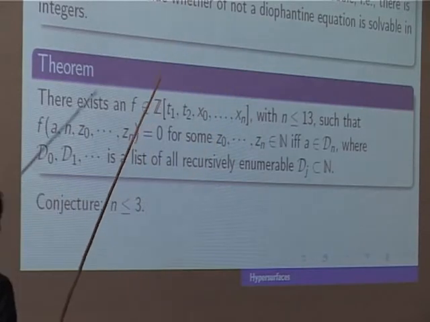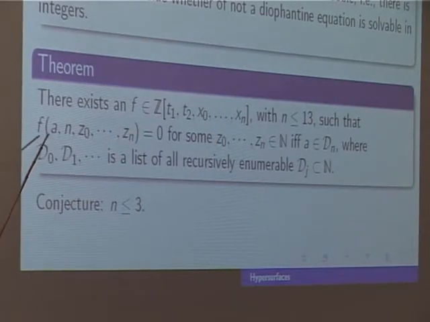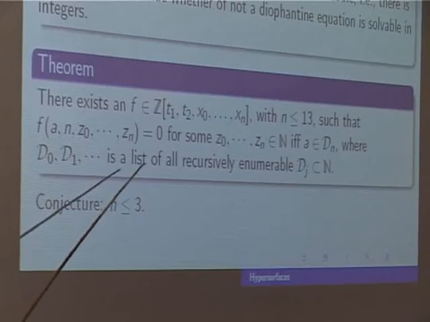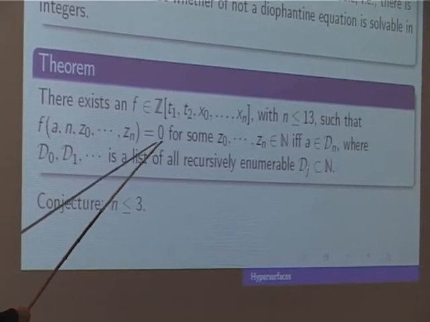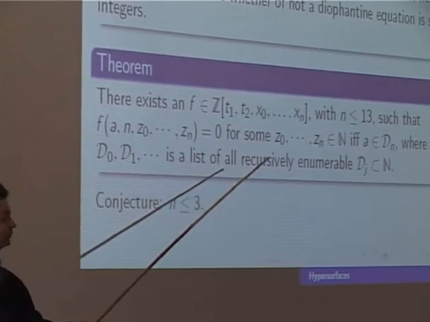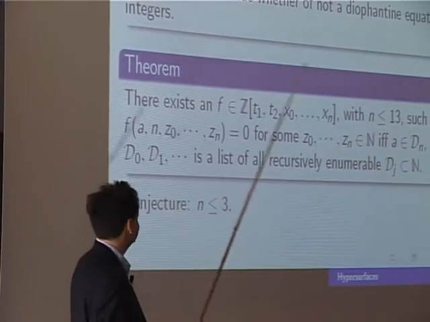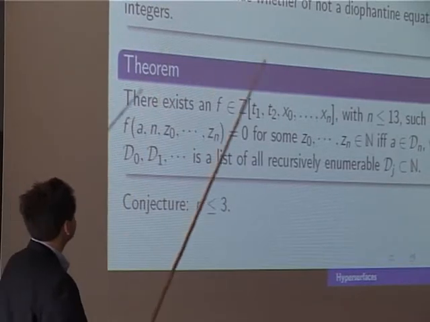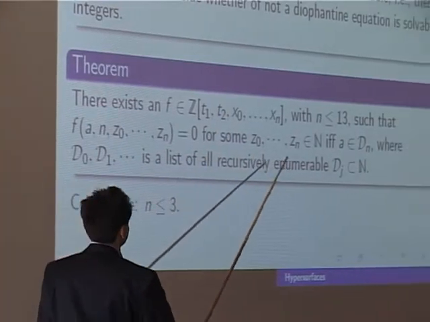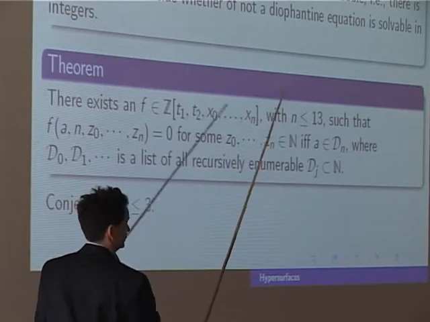It turns out that this question is equivalent to the solvability of a very concrete equation with very few variables, actually. In the paper, Matiyasevich and Robinson can work with 13 variables.